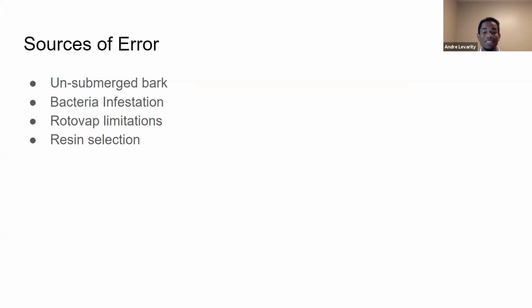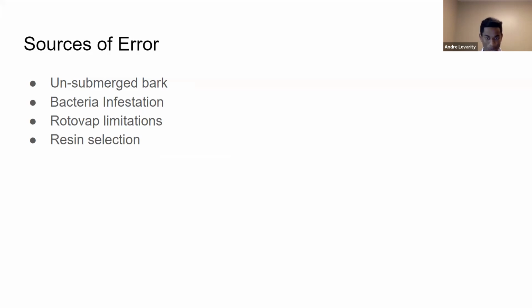And then of course, as I mentioned earlier, I had problems with the rotovap. If I could figure out in the future which temperature to use, or how to adjust the volumes to use the rotovap to evaporate them perfectly, it could be more efficient. And as I mentioned, there's the resin selection.